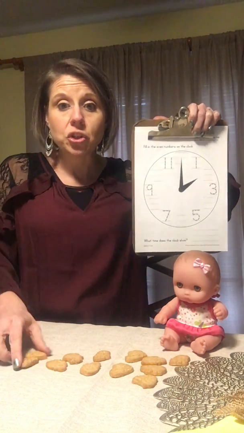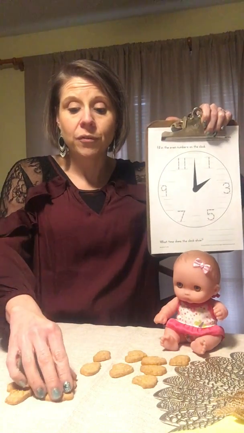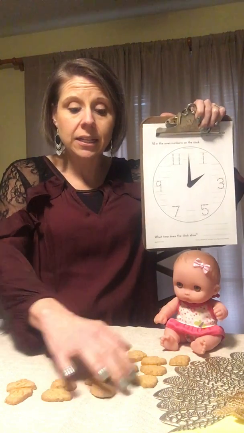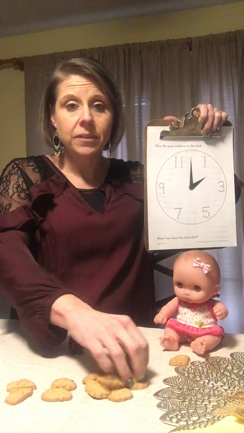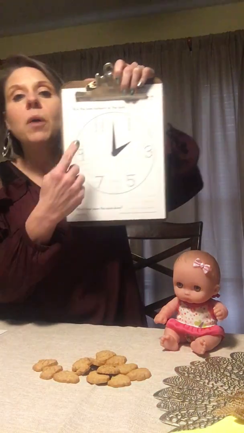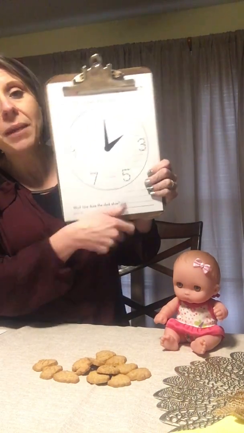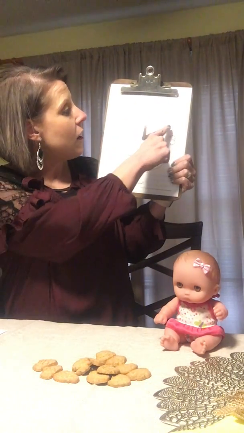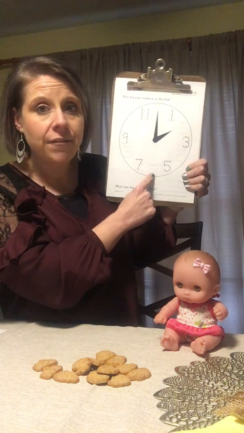So we said 2, 4, 6, 8, 10, and 12 were even. So on your clock, make sure that you put your name at the top so we know whose it is. And on these open spots, you need to fill in the missing even numbers.